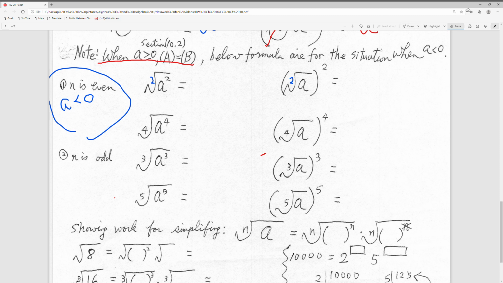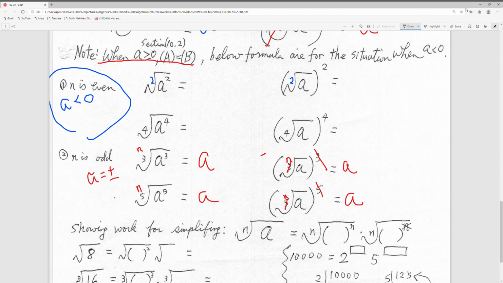Okay, so here, when the index number n is odd, no matter whether A is positive or negative, it doesn't matter. This is A, this is A, this is A, this is A. When the degree is outside, you may simply cancel out.